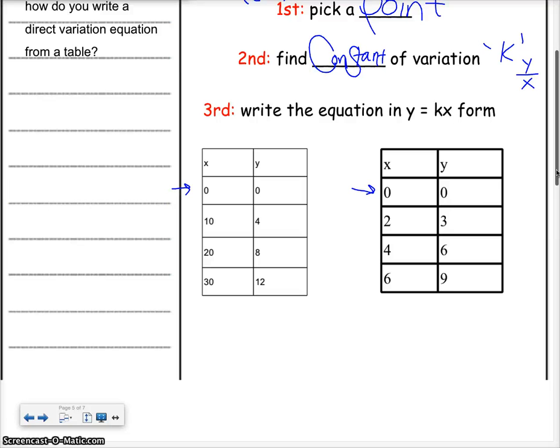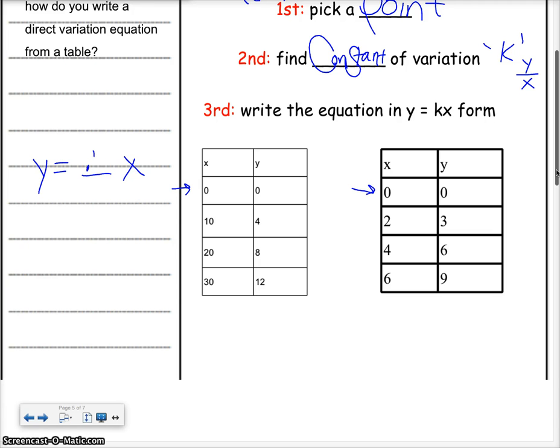If I didn't know that, and I needed to analyze it further, what you're supposed to be able to do for direct variation is immediately get to y by multiplying something by x. So how I handle that, I say, what's 4 divided by 10? I'm going y divided by x. So 4 divided by 10 is 0.4.